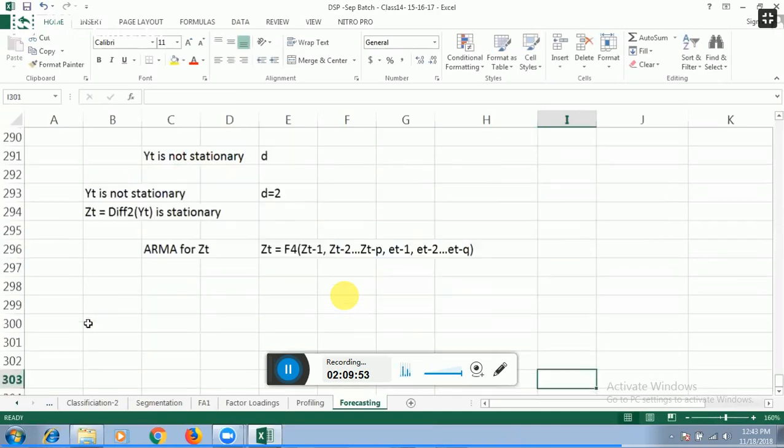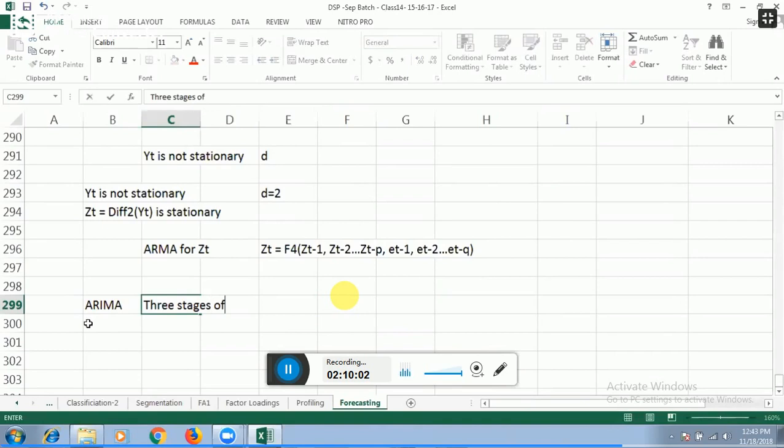So when we are referring to the ARIMA model, there are 3 stages of modeling. First is the identification stage, second is the estimation stage, and the third is the forecasting stage.